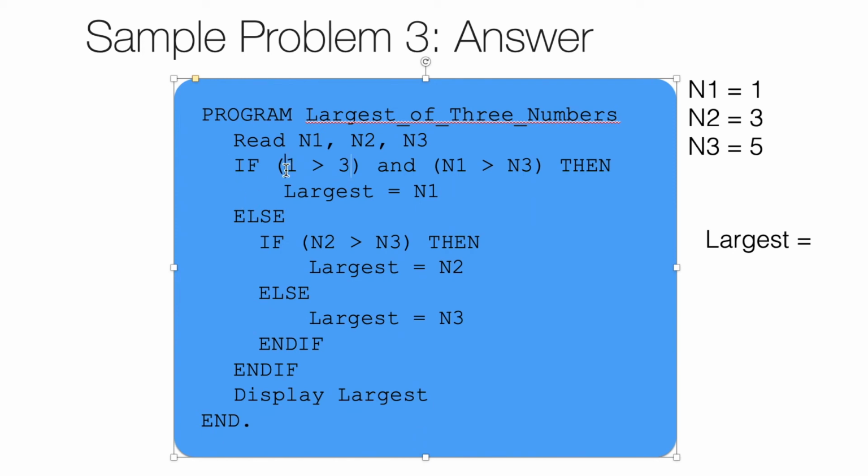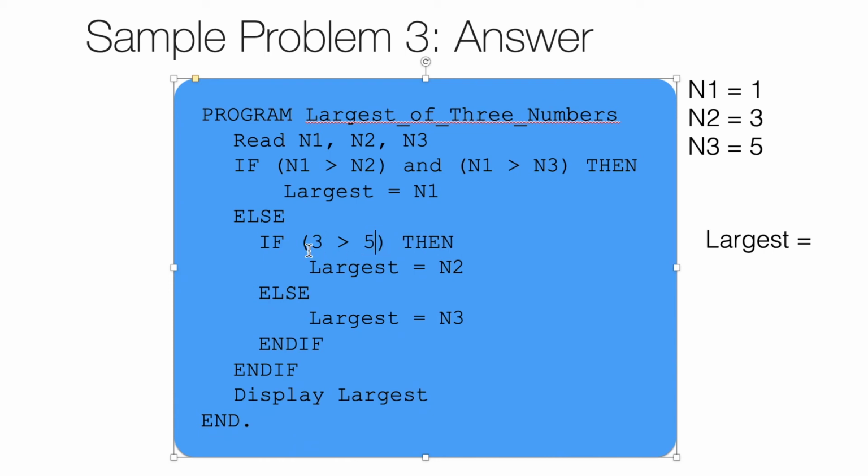So I'm not going to execute any statement in the if condition true part. I'm going to execute the otherwise part. Otherwise, I'm going to check n2. My n2 is 3 and my n3 is 5.